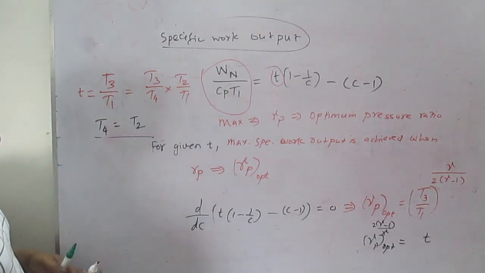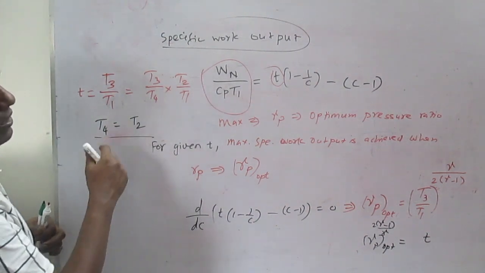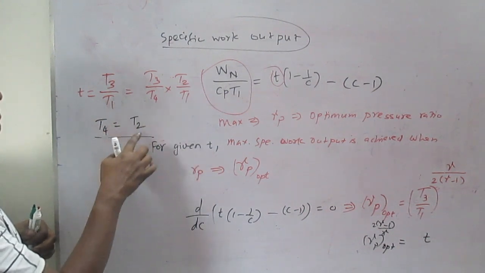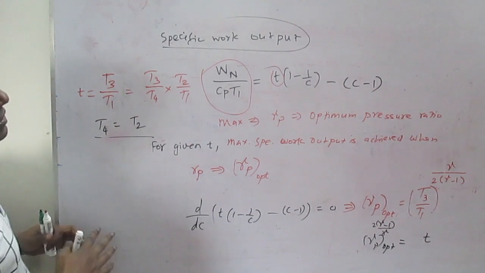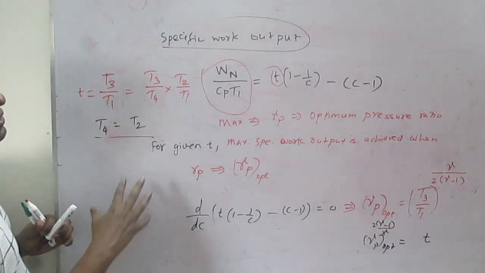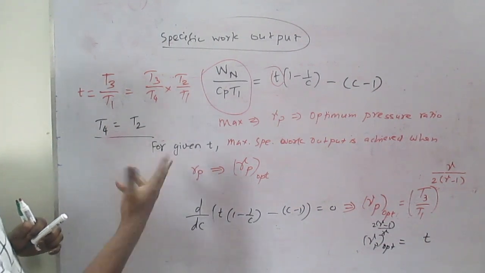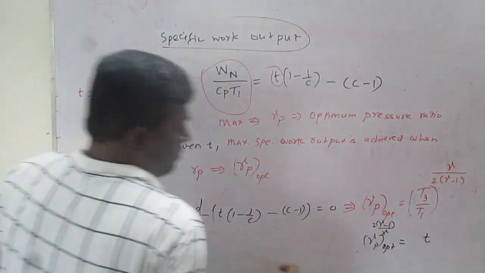I hope it is clear how we obtain the optimum pressure ratio, and at what condition, that is when the turbine outlet and compressor outlet temperatures become equal, we obtain the maximum specific work output. I hope this is clear.